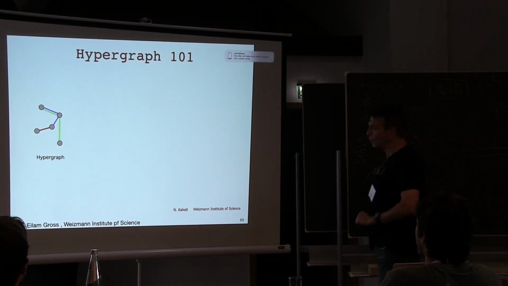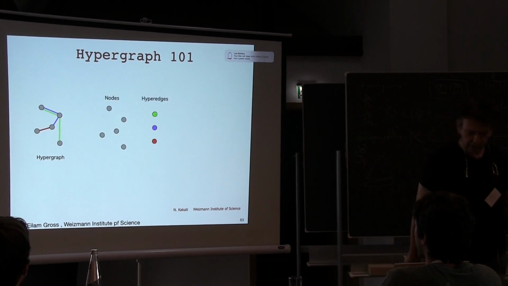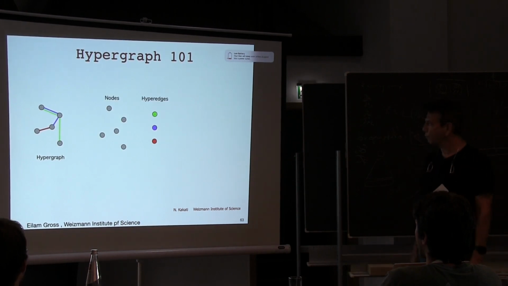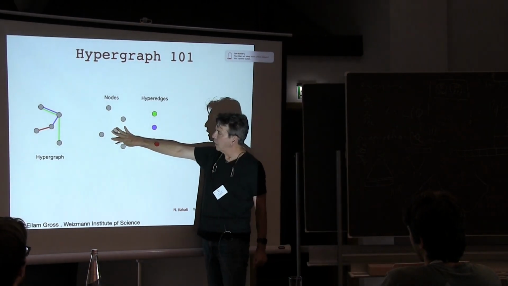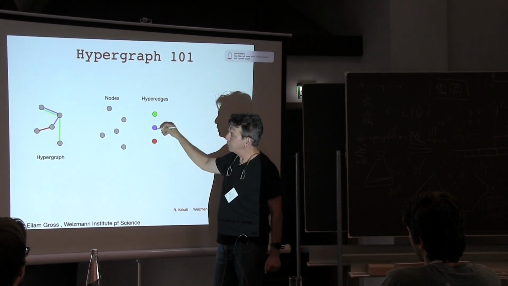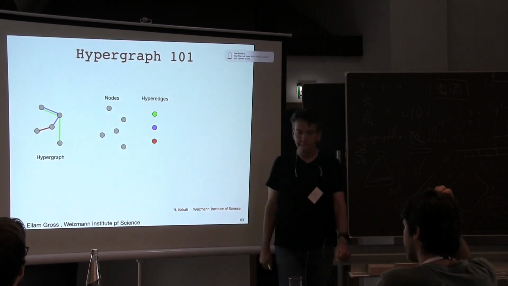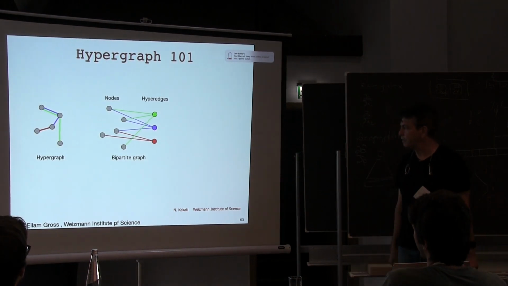Because there's another way to look at it, and then you'll see. And this way is if I have the nodes here, and the hyperedges I put as objects here. If I do this, something interesting happens.